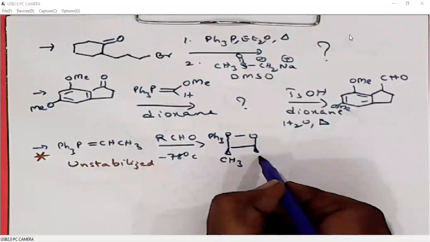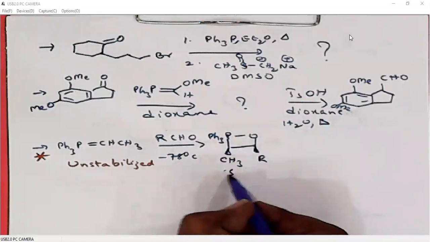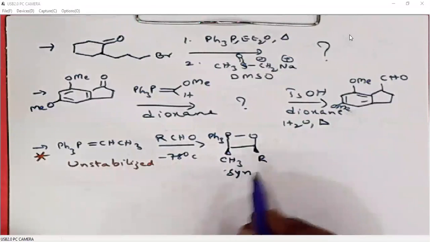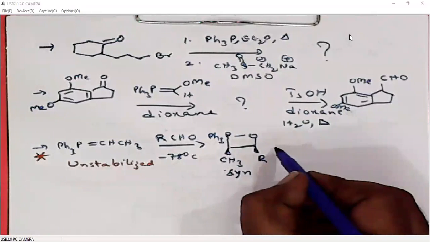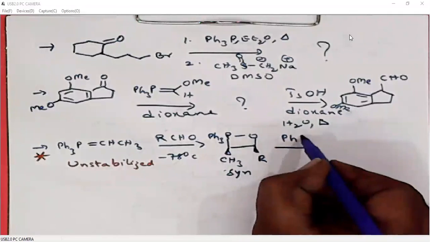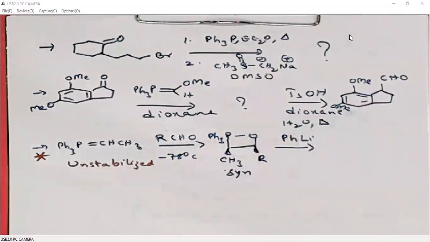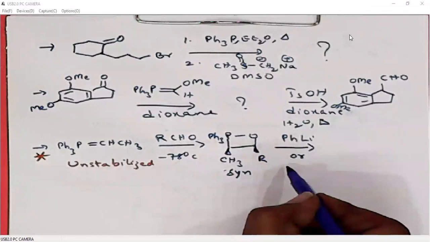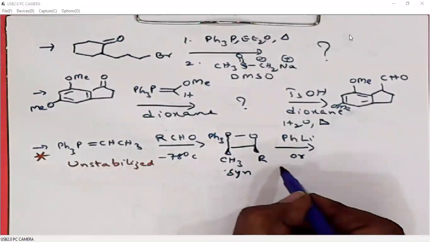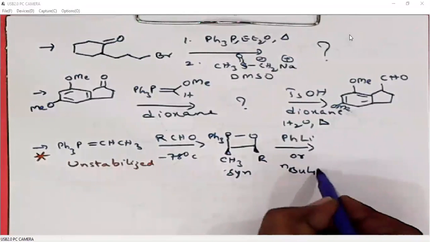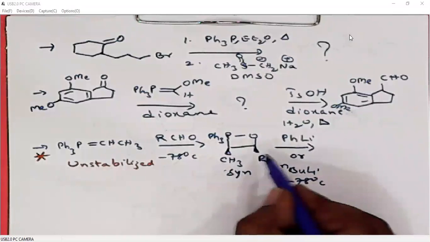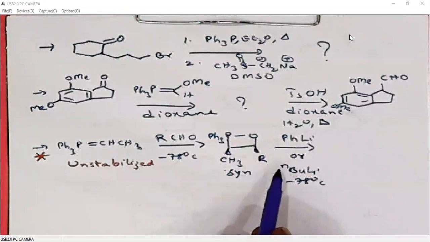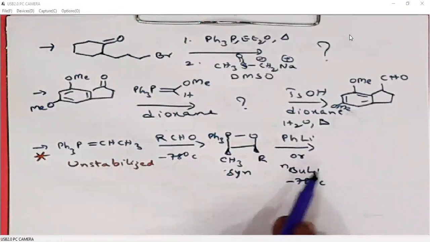With the unstabilized Wittig, we will get this syn oxaphosphetane. If we can isomerize this to the anti-oxaphosphetane, then it is possible to get the trans double bond. To isomerize this, we will treat the syn oxaphosphetane with a strong base, either phenyllithium or n-butyllithium, and then it will open up.